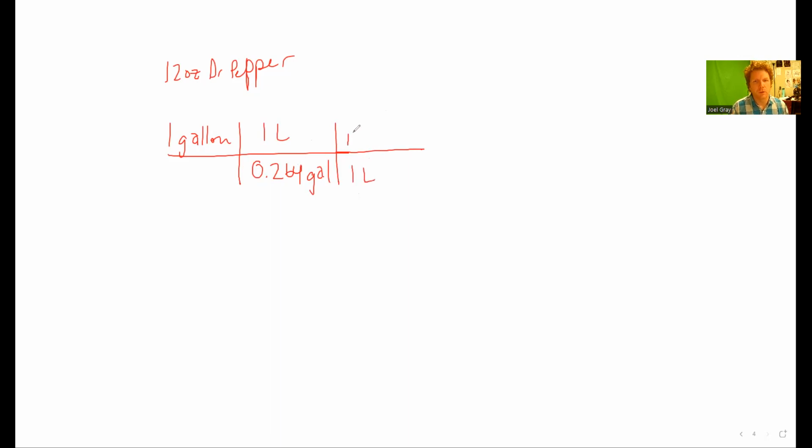1 liter is equal to 1,000 milliliters. Then the next conversion is milliliters. 29.6 milliliters is 1 ounce.